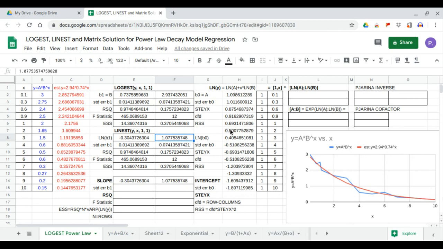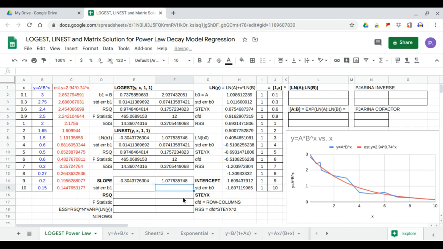We can use the slope for this, data y and data x, and it matches our LINEST output. You can also use intercept, data y and data x.